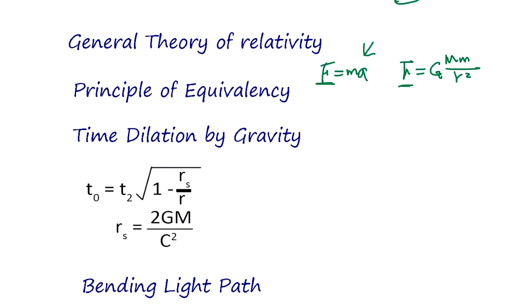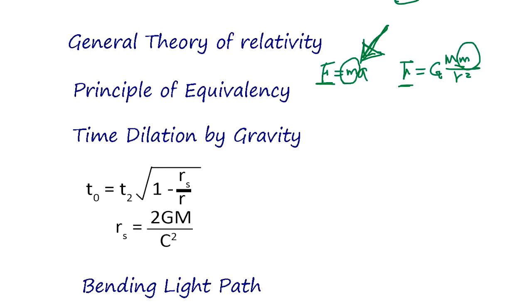Okay, and mass is used on both sides, and Newton was puzzled: are they really the same thing? He couldn't come up with an answer. He didn't formally say they are the same. He just left it vague.